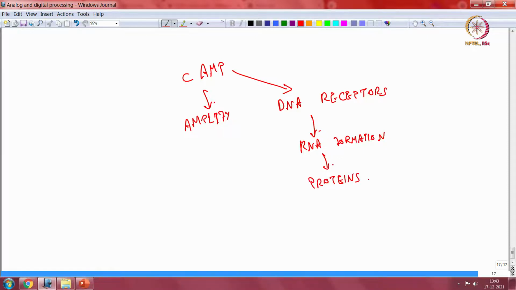To give an example of how to link up the whole thing: basically a sodium channel is a protein. So you can have a sodium channel protein which is generated, and it can also produce sodium pumps.